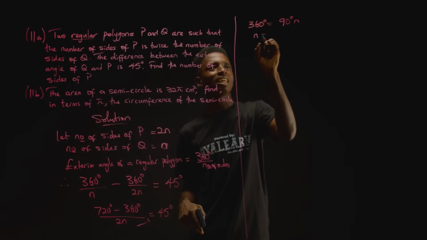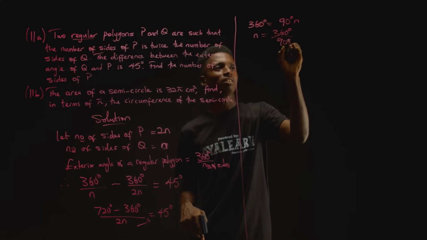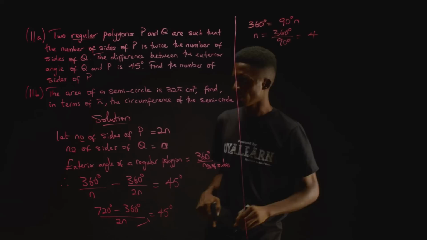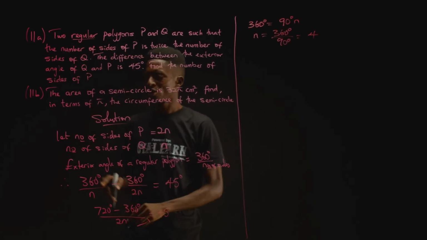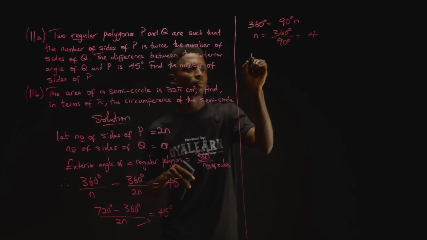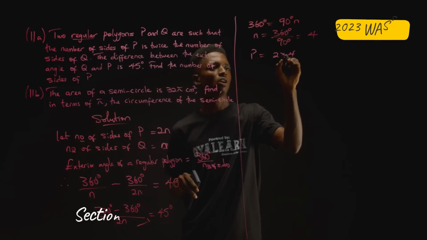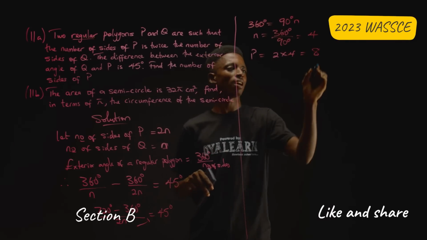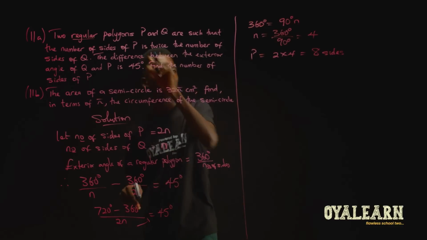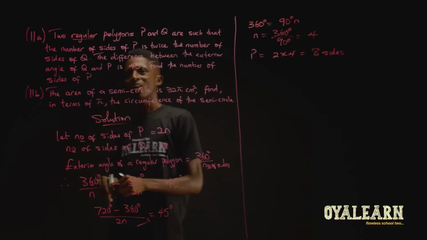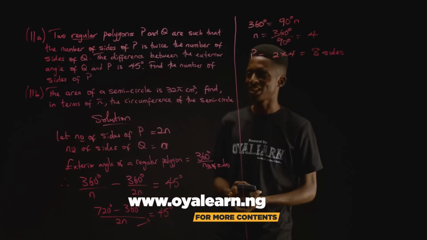So n becomes 360 divided by 90, which gives us 4, right? That tells us that Q has 4 sides. The number of sides for P is twice that of Q, which is 2 times 4, giving us 8. So P has 8 sides. Now we know that P is an octagon, while Q is a quadrilateral.